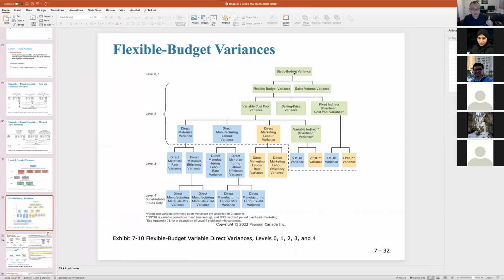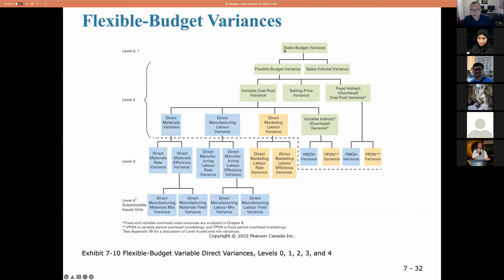Before that, let's go through the 4 levels of the variance. At the top level, you have a variance called the static budget variance. What is this? A static budget is a budget designed only for one specific level of activity.